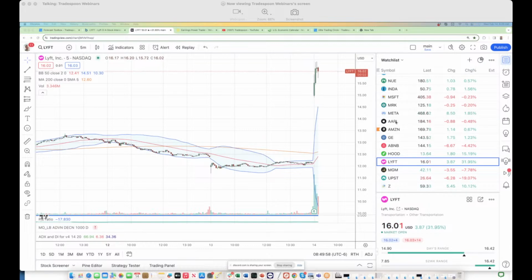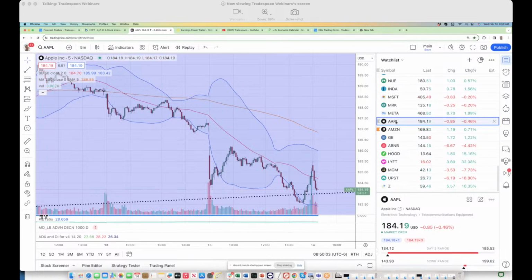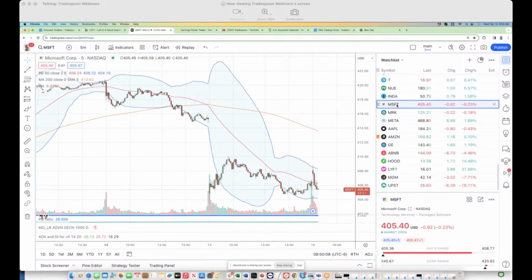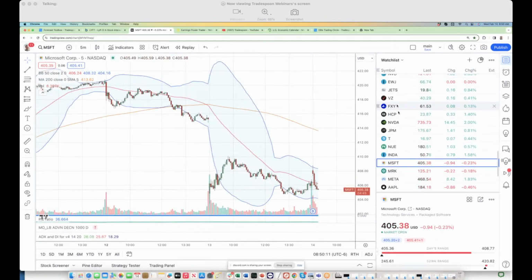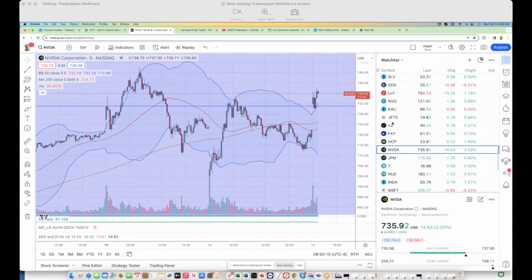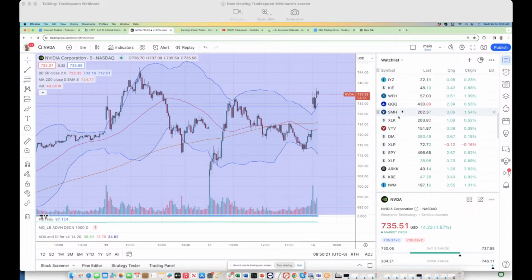Let's look at Apple. So Apple is actually getting close to retesting the session low from yesterday. And same as Microsoft. NVIDIA continues to grind higher. So that's good. So it's kind of a mixed picture. And then QQQ is up and Spiders are still above 496.